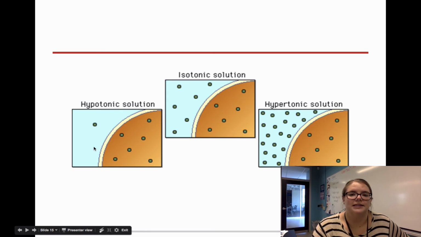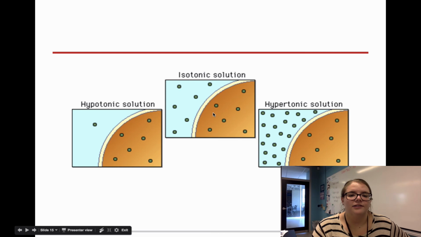There's only one versus a bunch. So you would compare hypotonic to hypertonic. Hypo, less solutes, hypertonic, more solutes. And then isotonic, this means they're equal. If I look at both sides of the membrane here, they're equal. That is an isotonic solution.